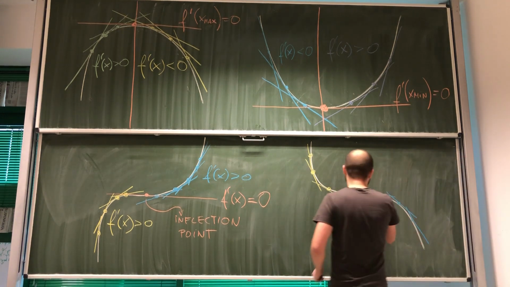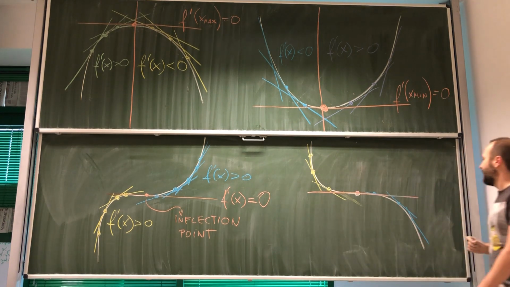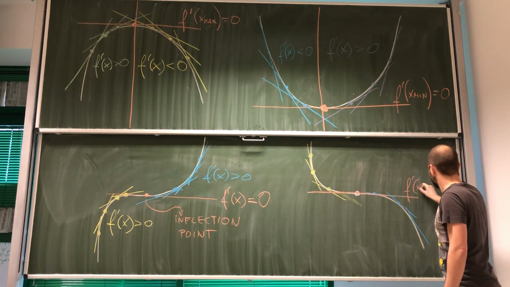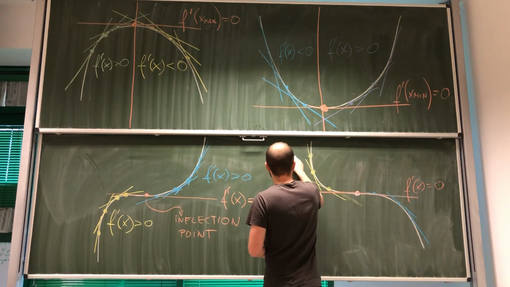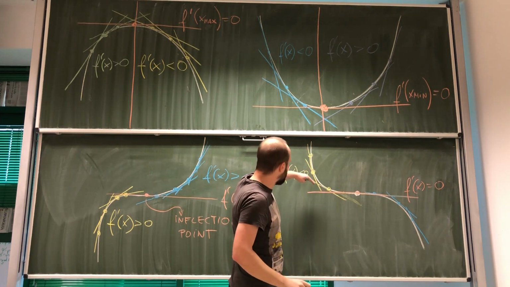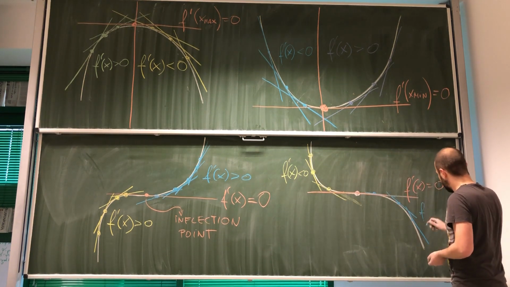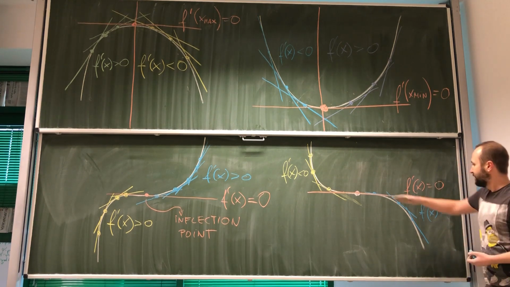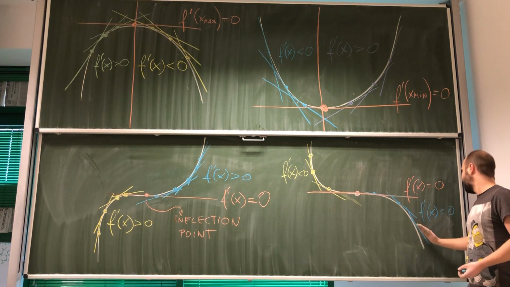So again, at this point, we would have a derivative equal to 0, but here the derivative would be negative, although getting closer and closer to 0. And over here, it would be also negative, but becoming more and more negative.